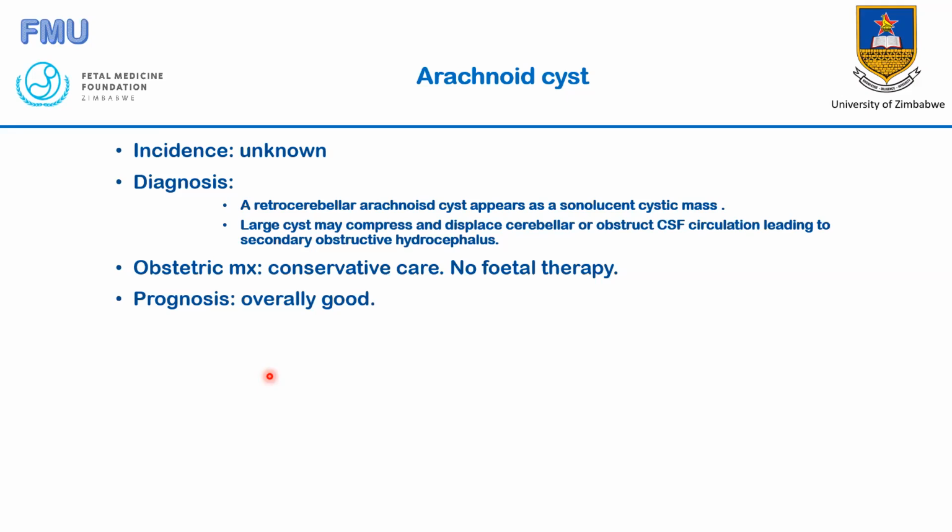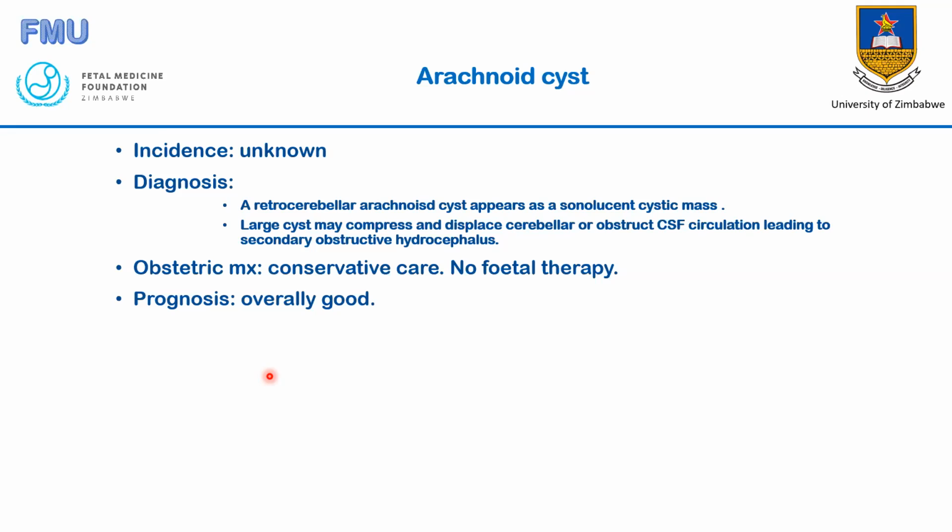If they happen within the posterior fossa, they will appear as a pseudo-lucent cystic mass. And sometimes if it is too large, it may compress and displace the cerebellum and also obstruct CSF circulation, leading to secondary obstructive hydrocephalus. The management is conservative, no fetal therapy.